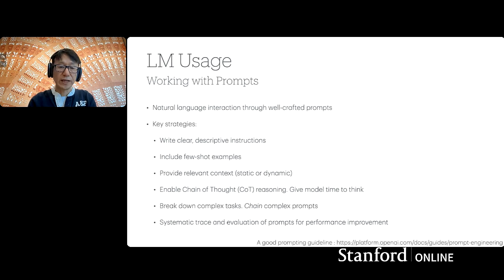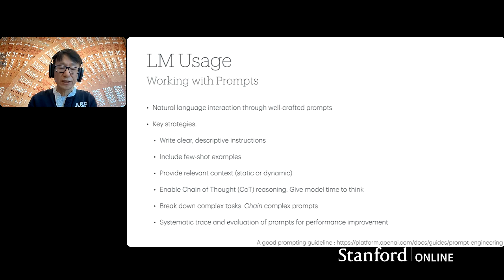And instead of just asking the model to answer right away, you could give the model time to think about it, such as enabling reasoning, or using the chain of thought or COT method. The next one is instead of asking the model really complex tasks, you could break them down and then ask them chained in sequence. Also chain the complex prompts.